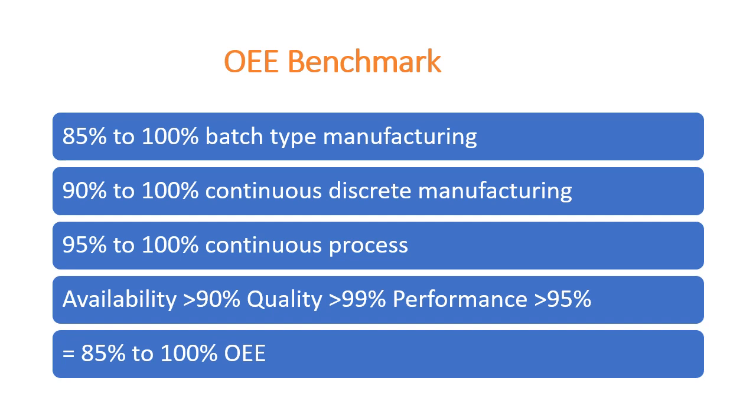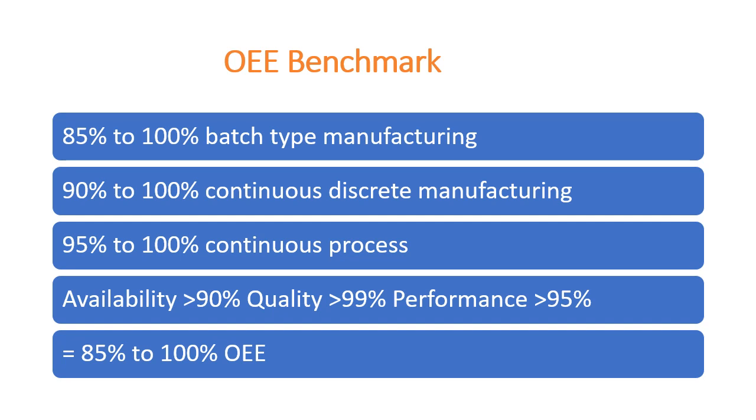Okay, now what is the OEE benchmark, or in a world-class plant, what is the value that is being maintained? For a batch type manufacturing process, this is typically 85% to 100%. For a continuous or discrete manufacturing, it is 90 to 100%, and for a continuous process, it has to be from 95 to 100%.